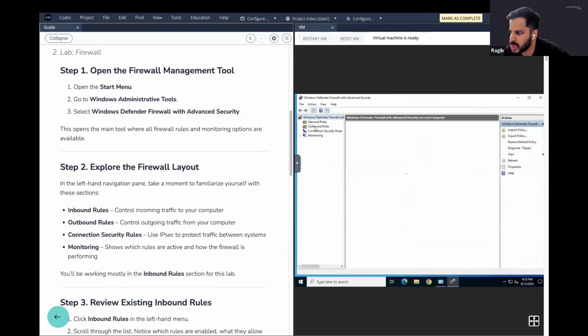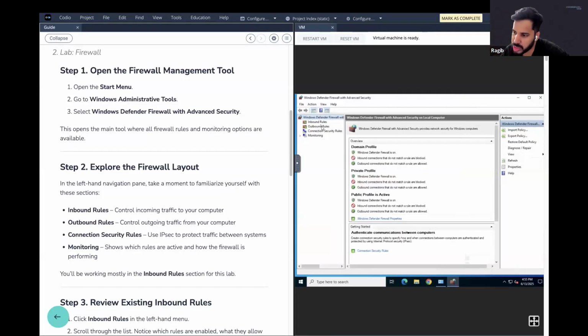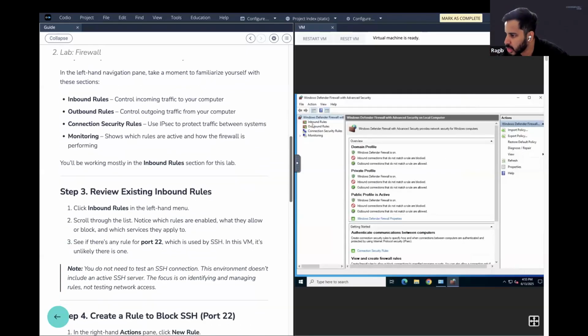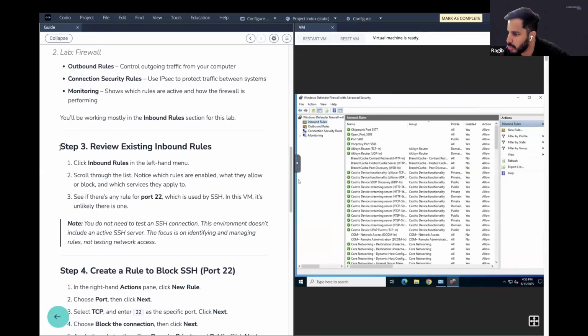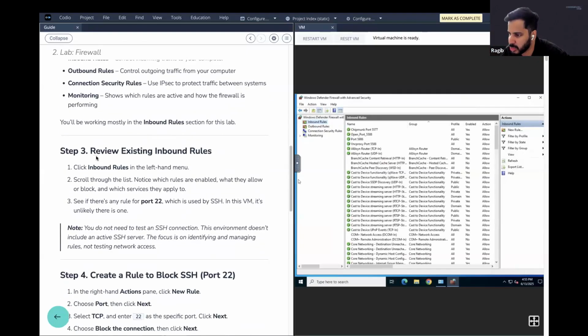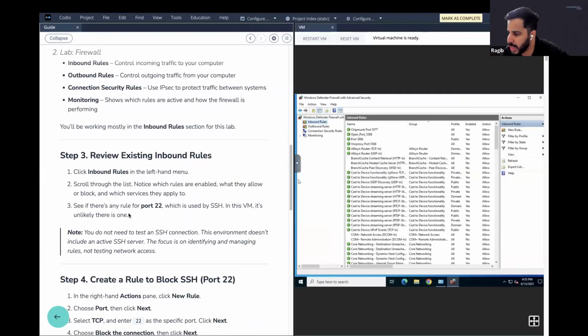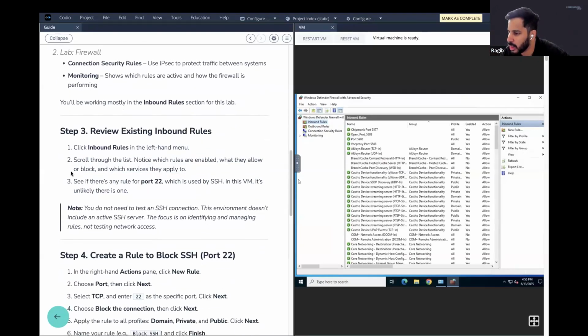These are the rules that we were talking about in the slides. You have inbound rules and outbound rules, and you get an overview of your firewall settings. We can review some of our inbound rules here. One of the exercises is adding a new rule, but we can first review the existing ones.